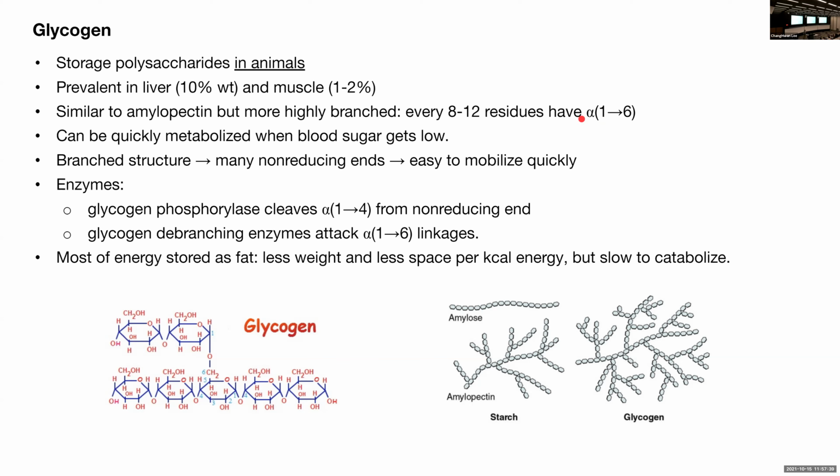Question? Yeah, so that is more like random, basically, like stochasticity. Sometimes it happens, sometimes not. It depends on the enzymes that are involved there too. In animals, the enzymes that prevail for making glycogen are different from the enzymes involved in making starch.